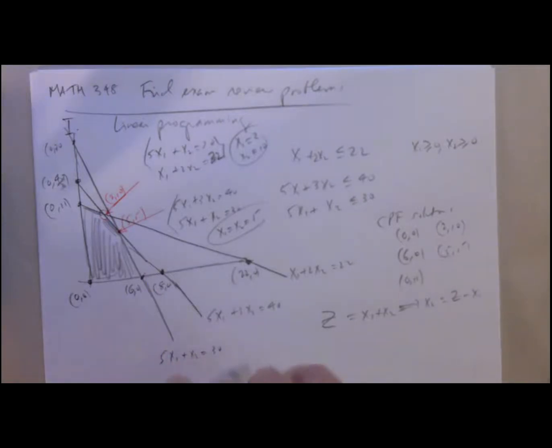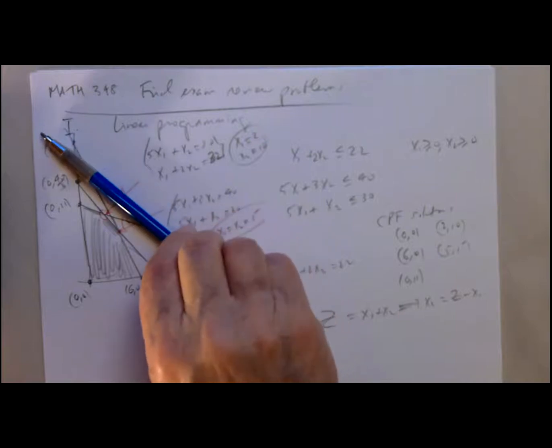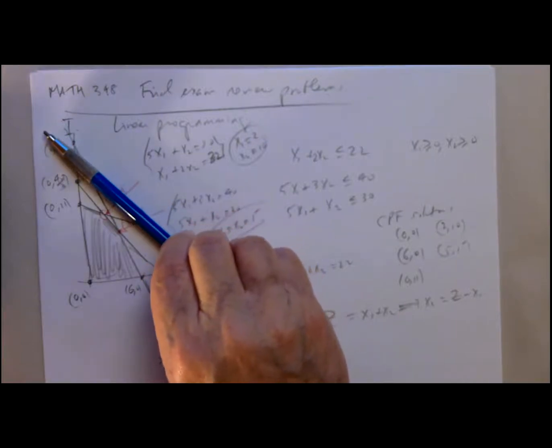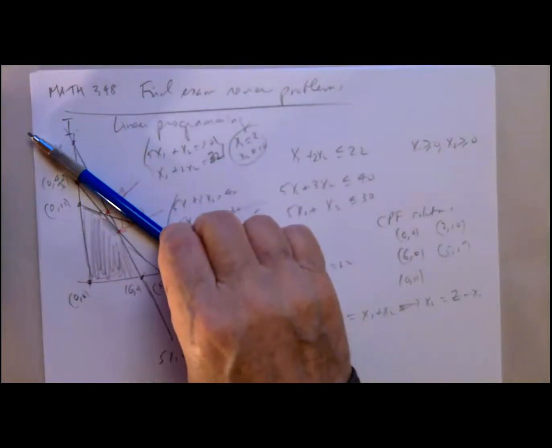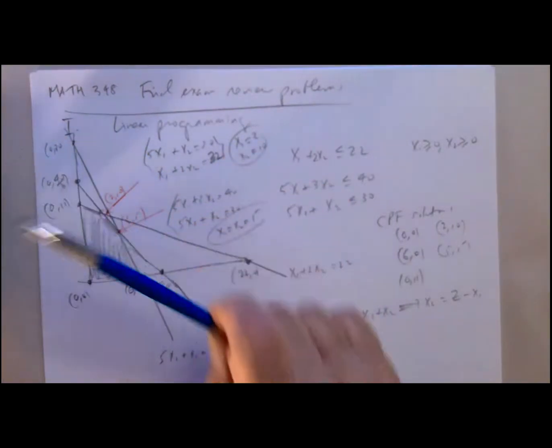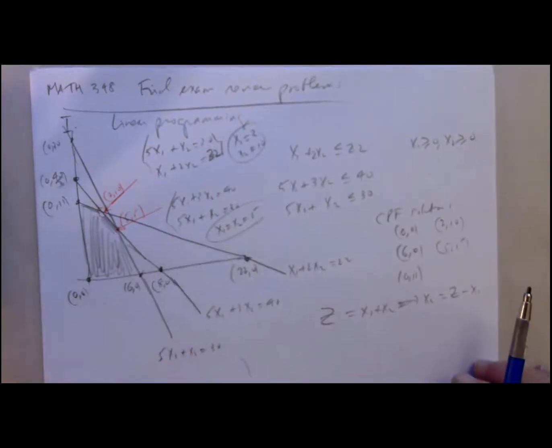So this is just a line with slope -1 and y-intercept z. You want to make z as big as possible. It looks like that's going to occur right there. Graphically, that's how you would do it.